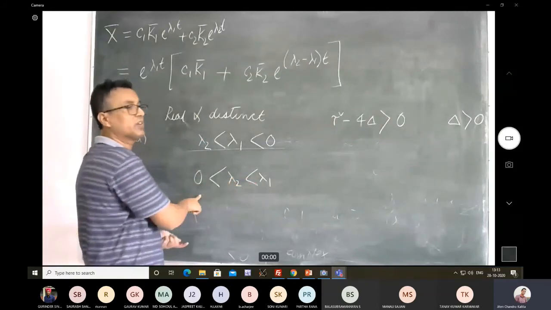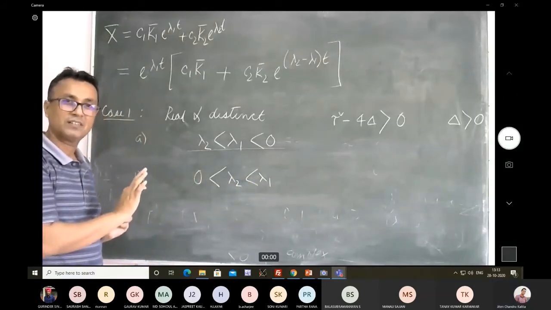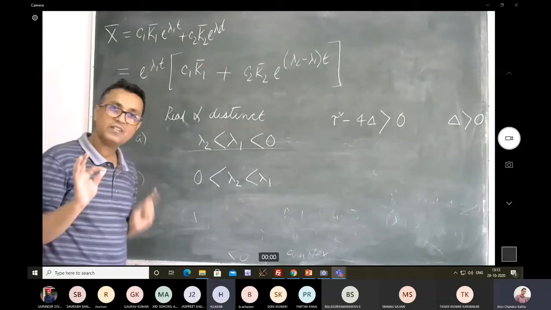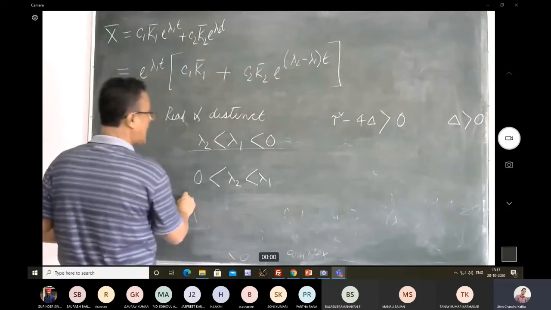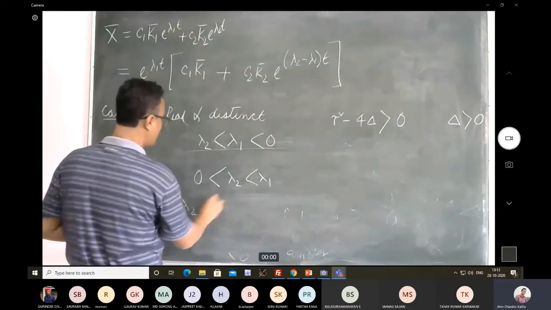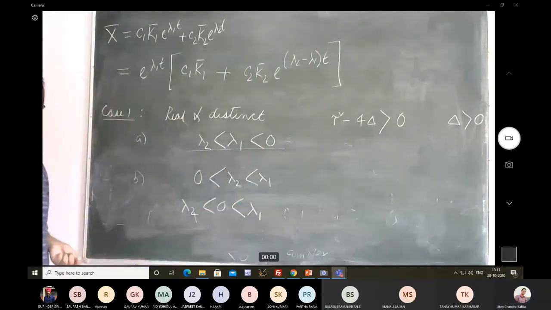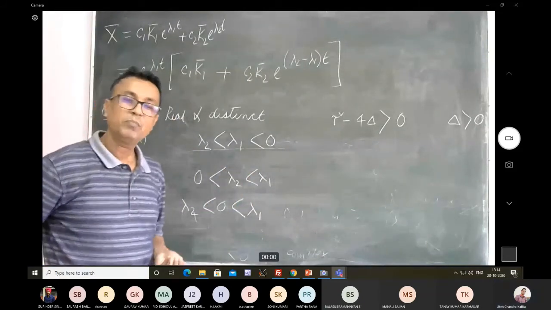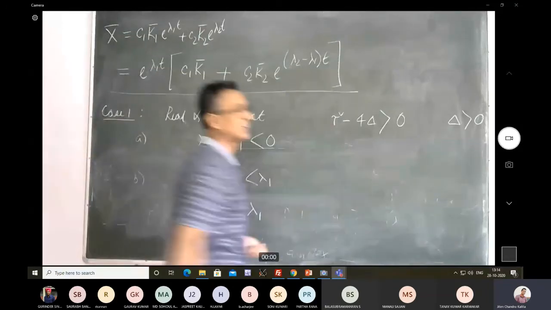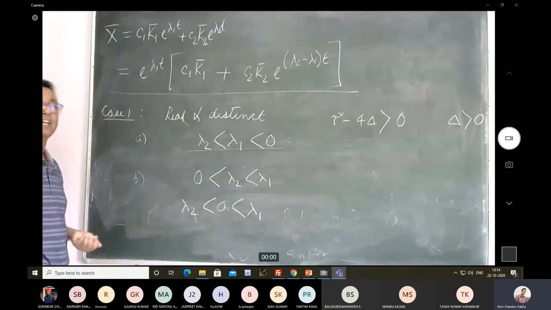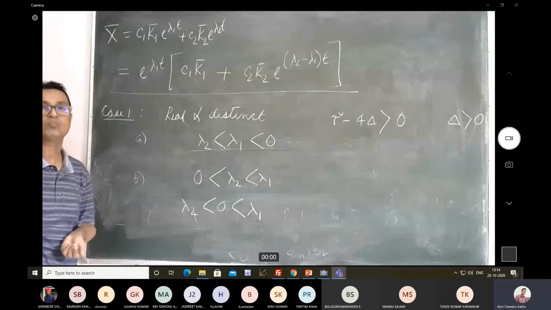Even in the case when they have opposite sign, I am going to take lambda 2 like this. It has something to do with what I have done here. You will get to know soon why I am always doing it.